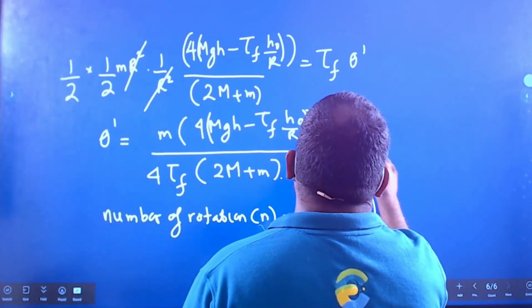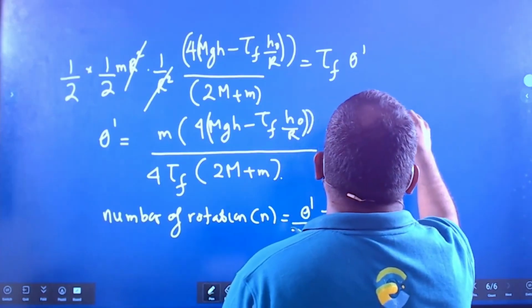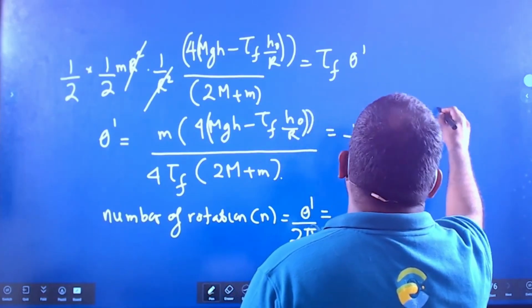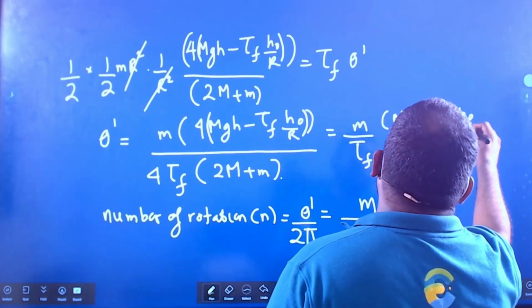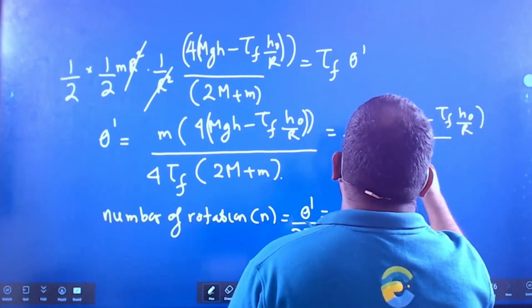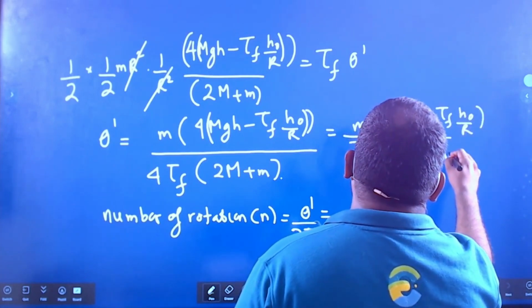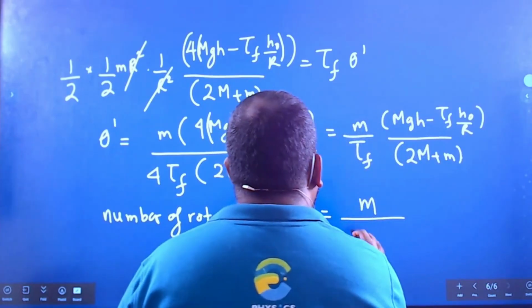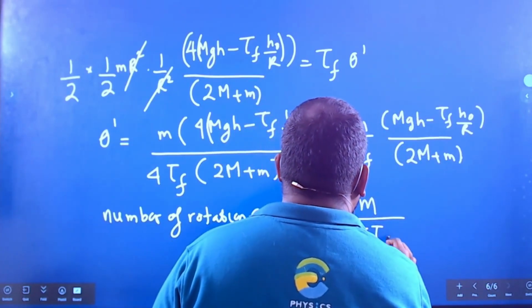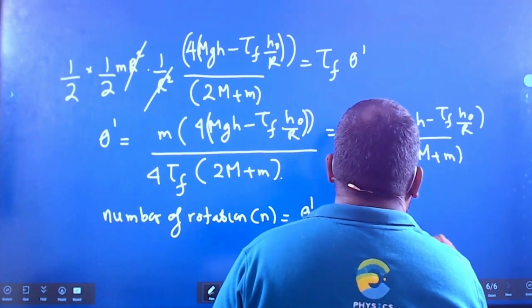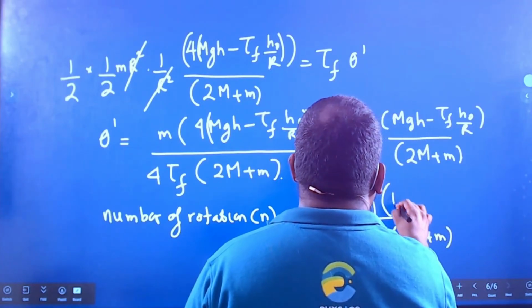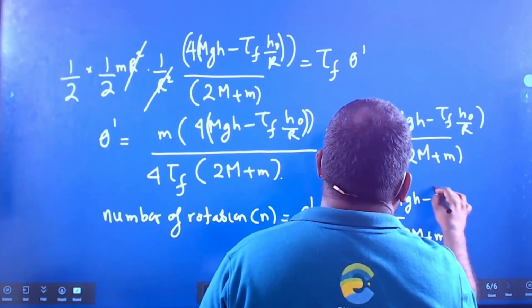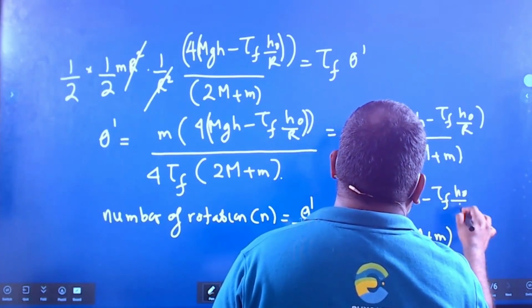Simple M times frictional torque, mgh minus torque h naught over r divided by 2 capital M plus simple m. Simplify: 2 pi frictional torque (2 capital M plus simple m) times (mgh minus frictional torque h naught over r).